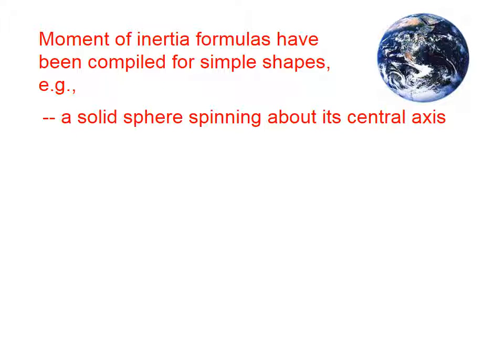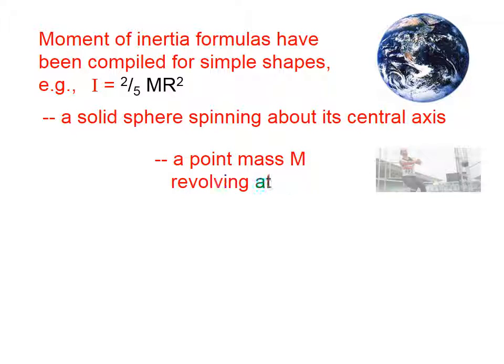Moment of inertia formulas have been compiled for simple shapes. That formula, 2/5 mr squared, is the moment of inertia for a solid sphere spinning about its central axis. The Earth, for example, is approximately a solid sphere spinning about its central axis.